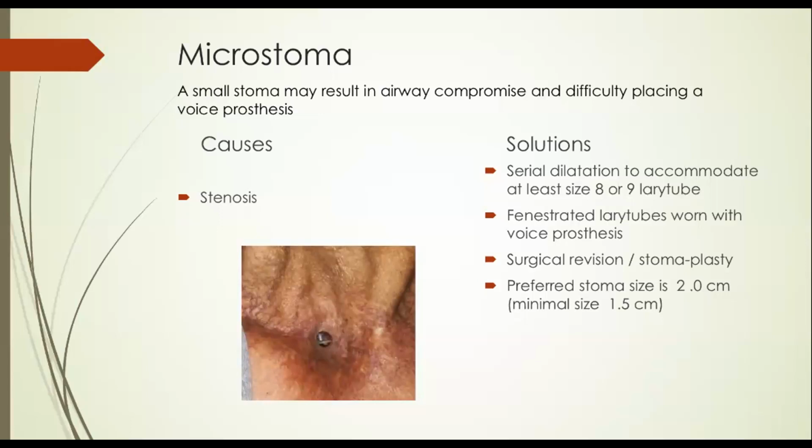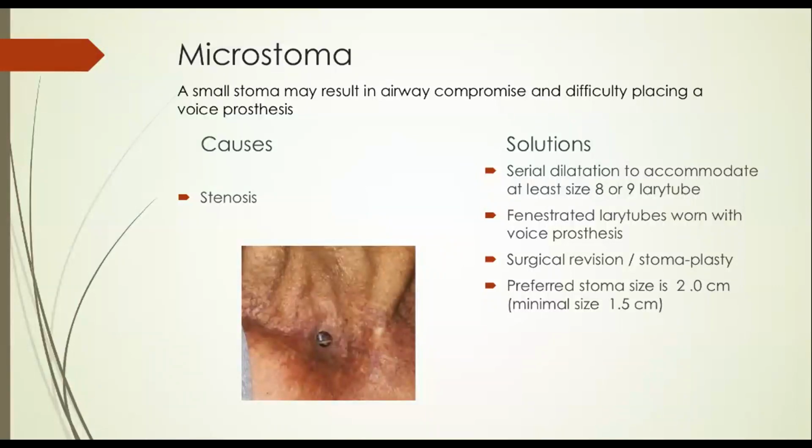We do issue patients with fenestrated Larry tubes, that they can wear during the day and at night, and they can still speak with the fenestrated tube. In cases where we don't have stock of the nice soft Larry tubes, we do then issue them with a tracheostomy tube, and again, it's just for the patency of that stoma.